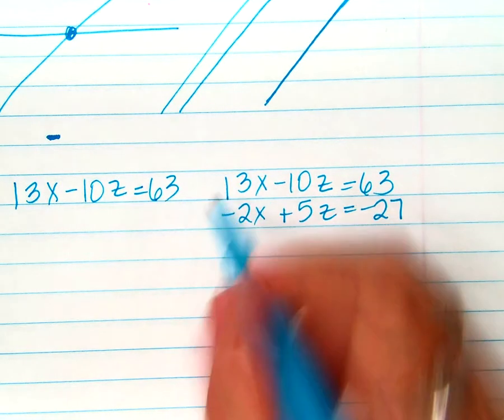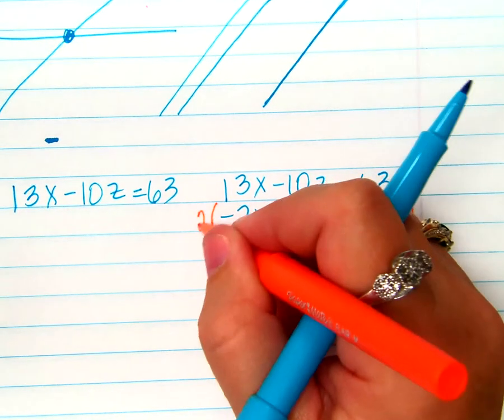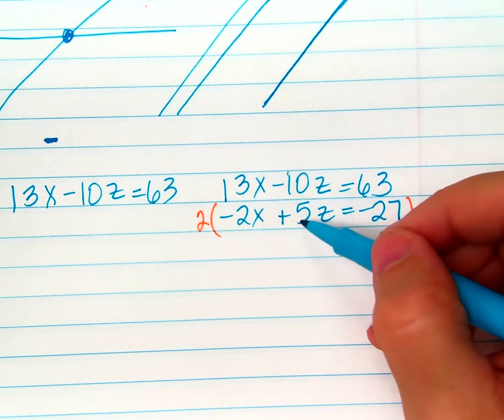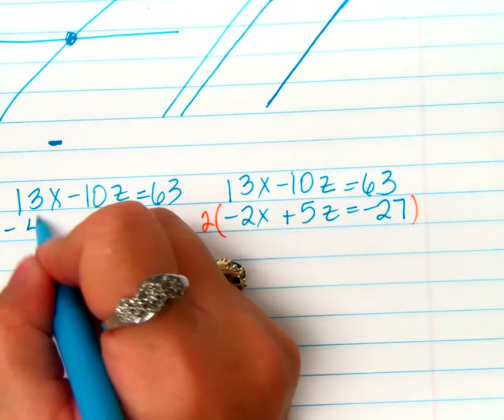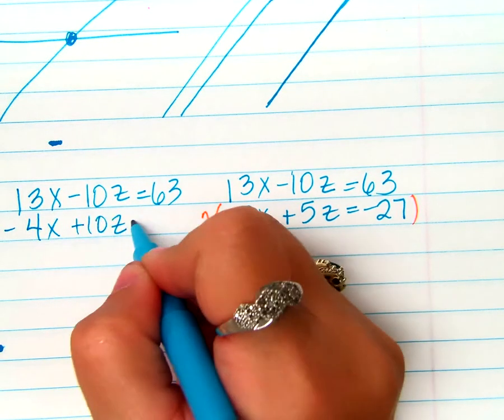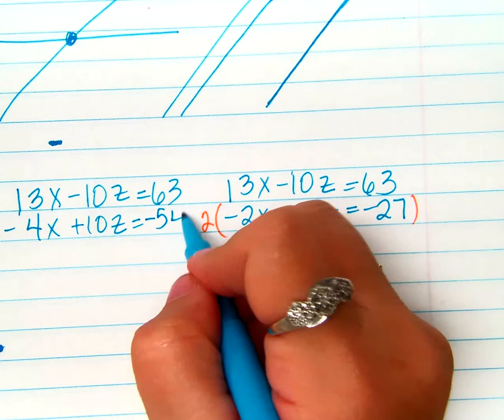And if I multiply this whole second equation by what? What did you want me to multiply by? Why not negative 2? Oh, I already have a negative 10. I need a positive 10, right? So I have negative 4x plus 10z equals negative 54.